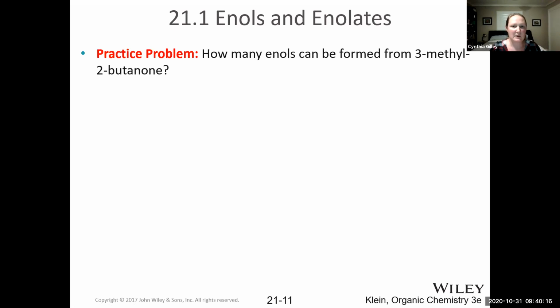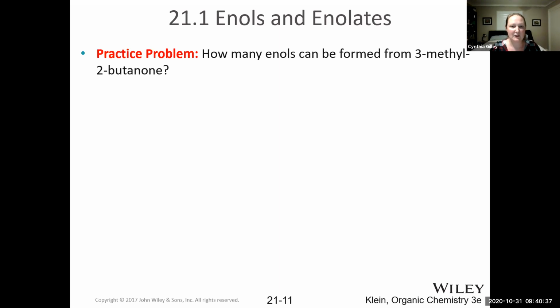The question is, how many enols can be formed from 3-methyl-2-butanone? So this is partially a question of nomenclature. We have to remember how to draw ketones, and notice that it is a ketone from the "-one" in the name.